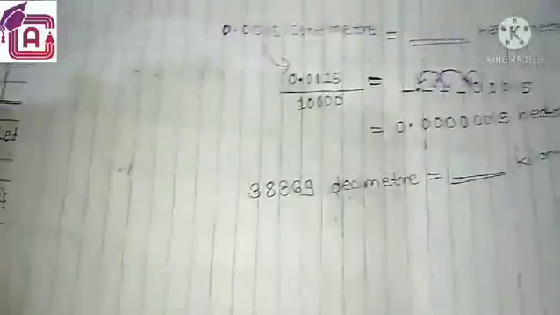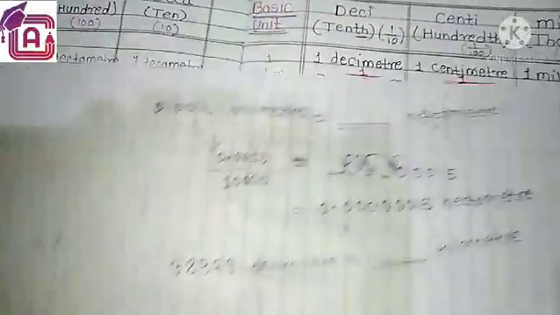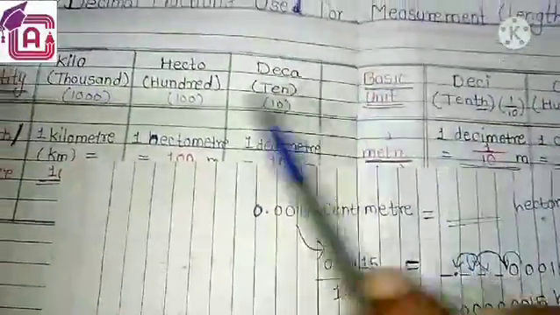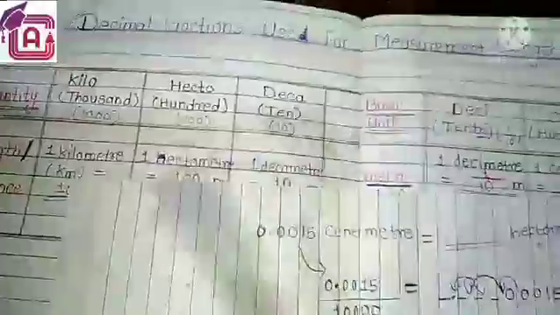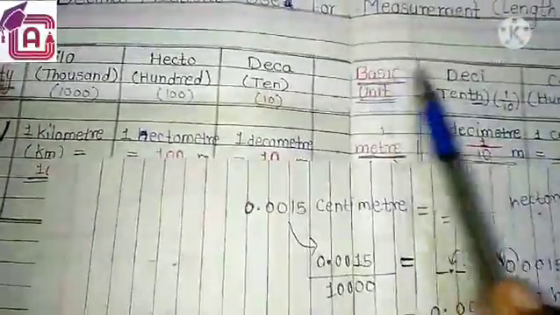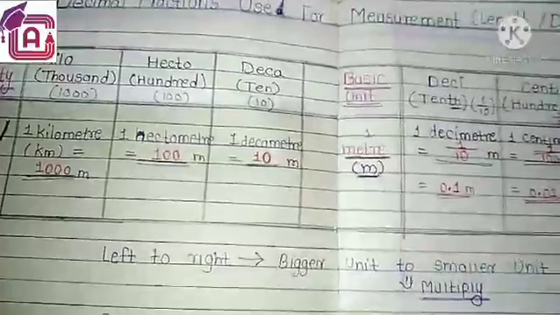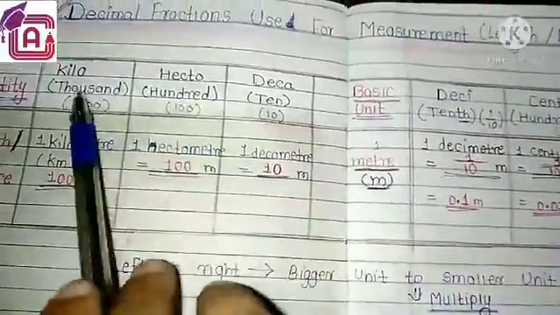So look at deci to kilo. How many places? We are going towards the bigger side, from right to left. For right to left, we have to perform the division operation. 1, 2, 3, 4 places.